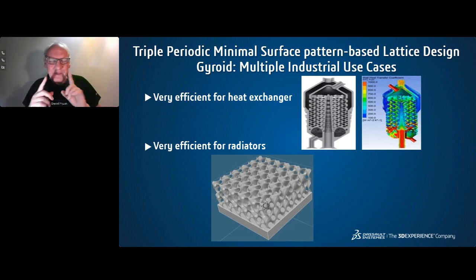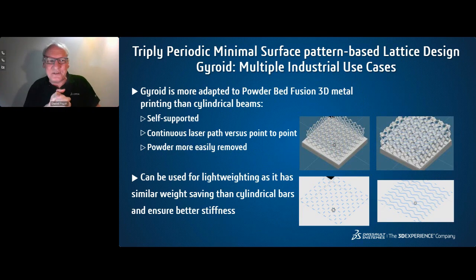Now, what is also fun with TPMS, especially gyroid, is that it is very, very adapted to the powder bed fusion process. Why? They are self-supported. Whatever their position in space, whatever the position of the part and the slicing, you don't need extra support.